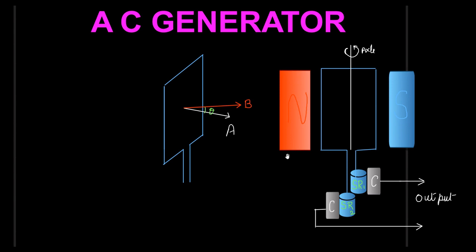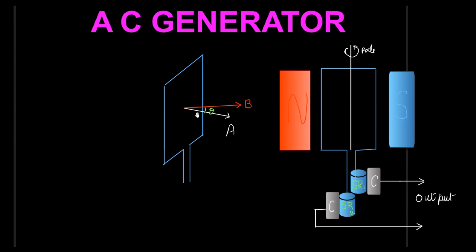How is the EMF produced? What is the magnitude of the induced EMF produced? Look at this diagram. This is the armature, or it's a coil. For this coil, A represents the area vector and B is the magnetic field.